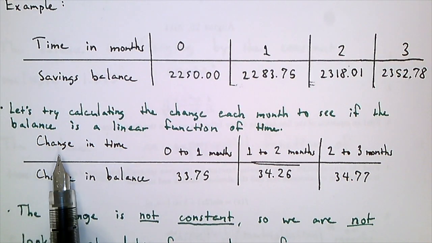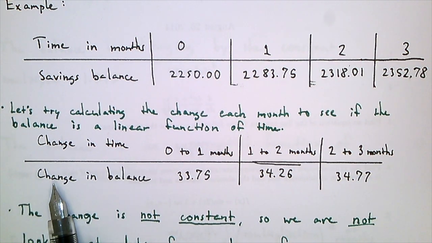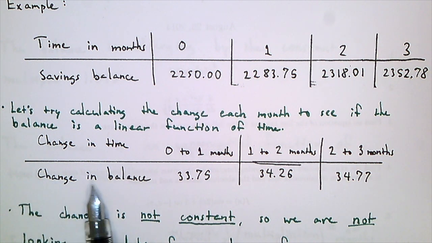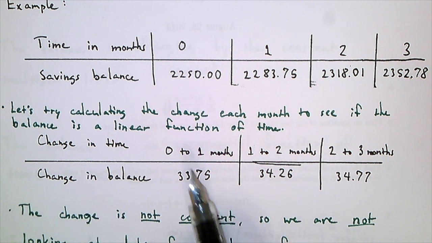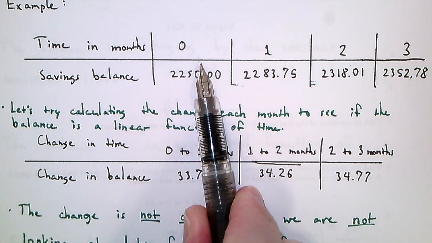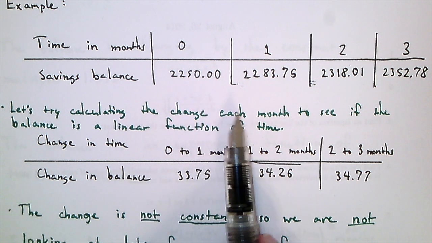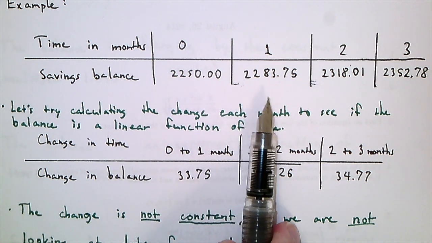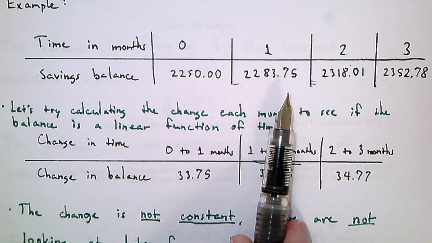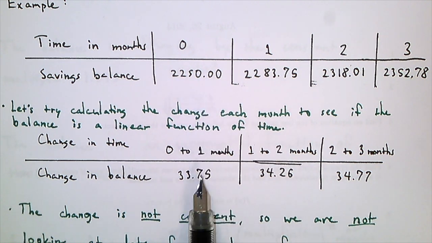In the first row, now I have the change in time, and in the second row, I've written the change in balance. So the first box is the change from 0 to 1 month. To get the change in the balance, you would subtract 2,283.75 minus 2,250, and you would get 33.75.